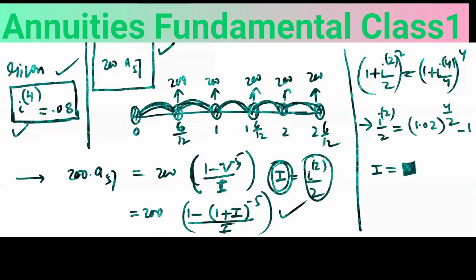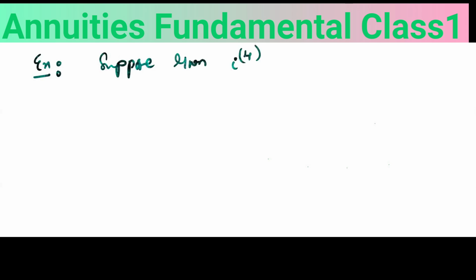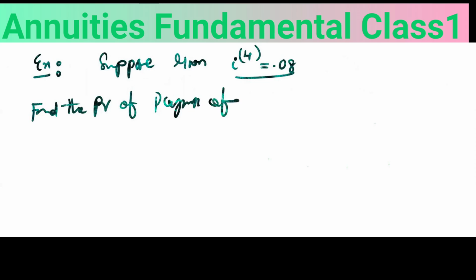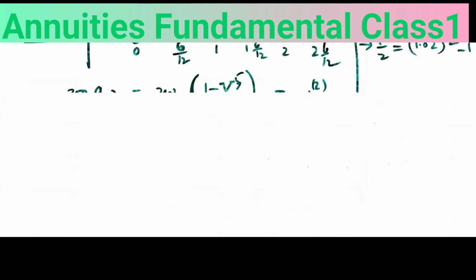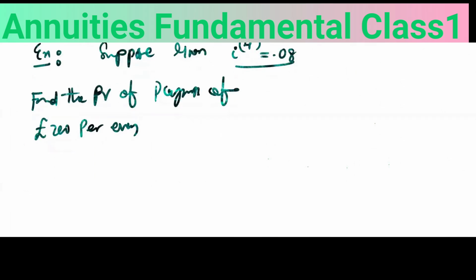Okay. So now the next example is this. Suppose given I4 again 0.8, find the present value of payments of 200 every 2 years.